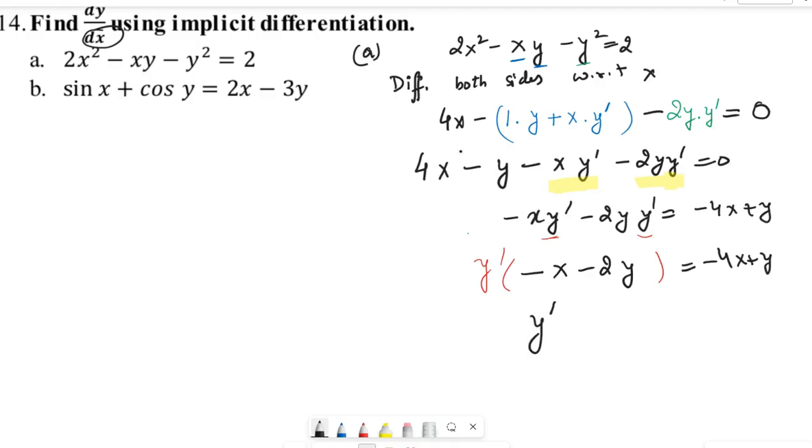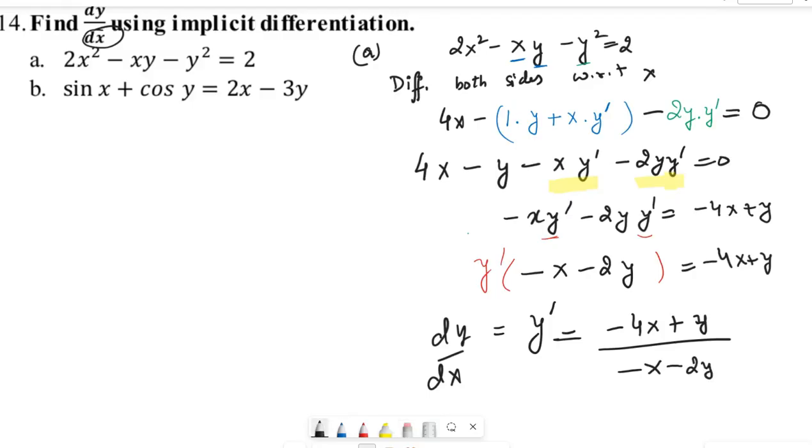We need to find y prime. Remember, dy by dx is y prime. That's equal to negative 4x plus y, divided by negative x minus 2y. We can factor the negative out in the denominator and write this as 4x minus y over x plus 2y. So this is the same, but this is also correct.